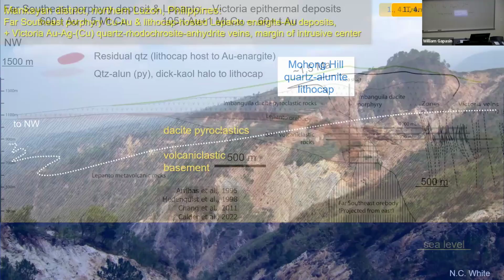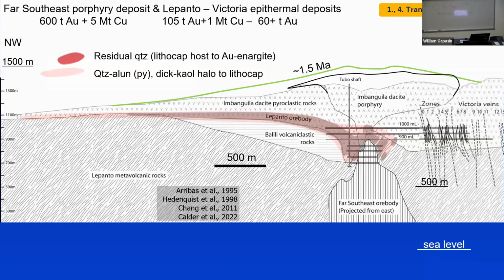We look at a long section here, a long section and then a cross section. The Far Southeast porphyry deposit is right at that unconformity, where we have the residual quartz of Lepanto, and quartz-alunite also along that unconformity. Basically, centered fluids.